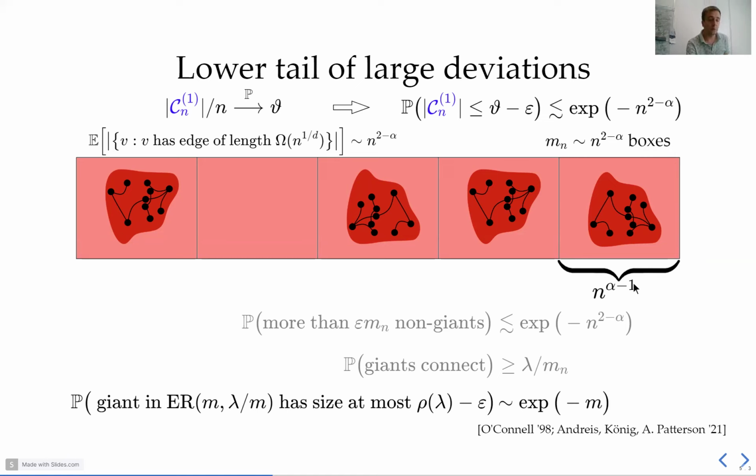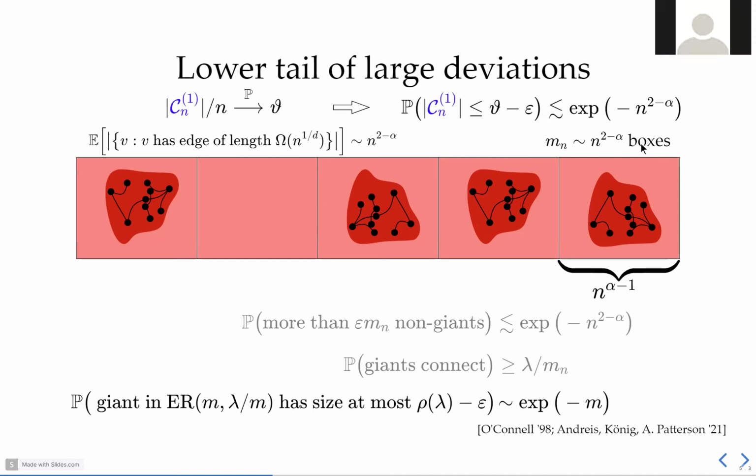And here this rho lambda is really the survival probability of a Poisson lambda branching process. And if we make lambda very large, then this rho lambda, the survival probability, tends to 1. And so we can make sure that the connected component that we are constructing really contains almost all of the boxes that we see here in the graph, and that we can find here this result on the top, namely an upper bound on the lower tail of large deviations.